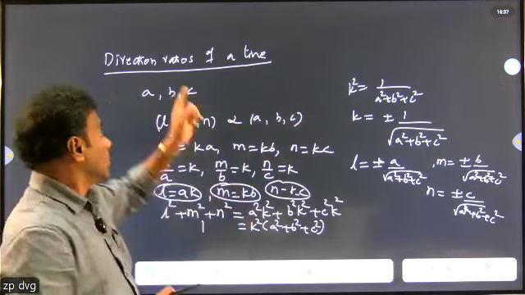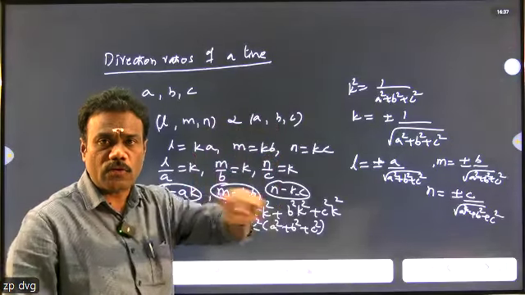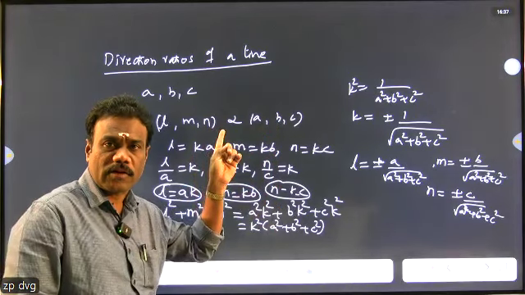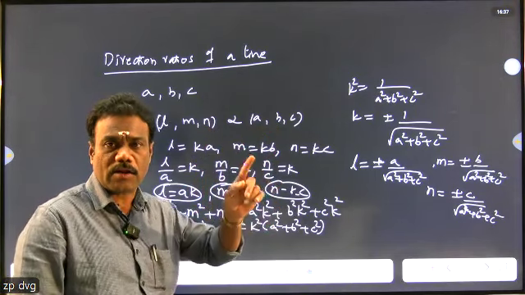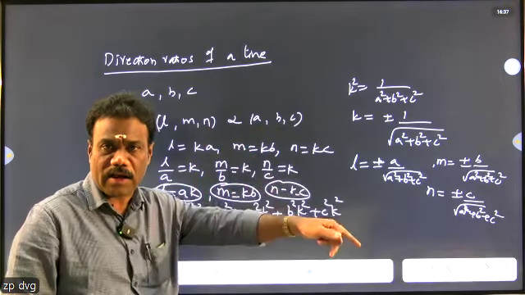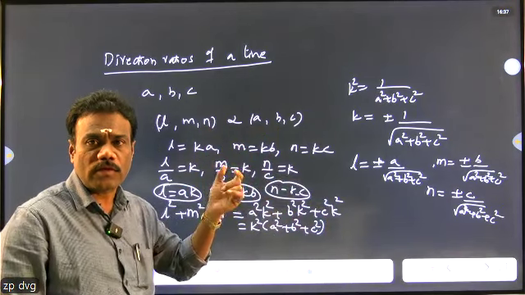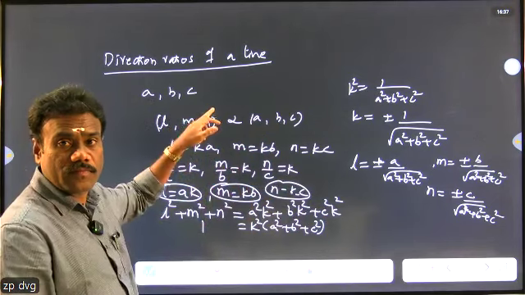Any three numbers which are proportional to the direction cosines of a directed line are called direction ratios, and they are denoted by a, b, c.